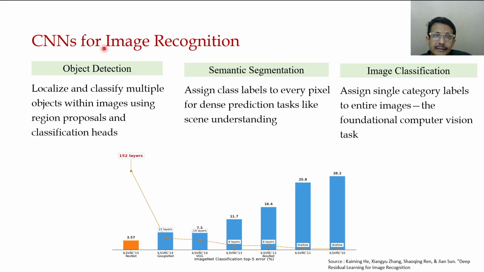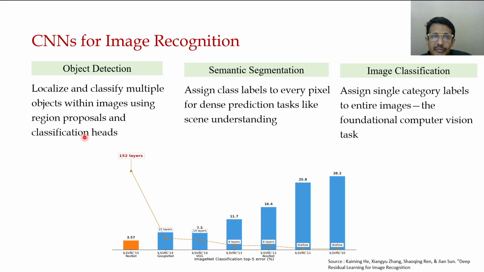Where are CNNs being used for vision? Object detection, which we'll see. We have already given some examples of what we mean by object detection in our previous lecture. Here we localize and classify multiple objects within an image, using region proposals and classification heads.